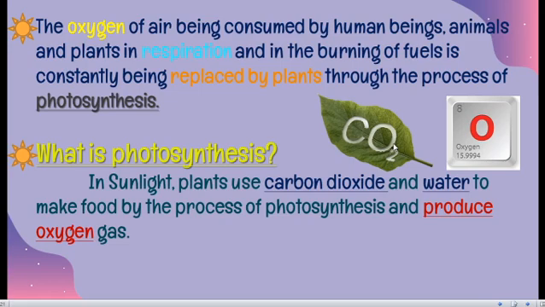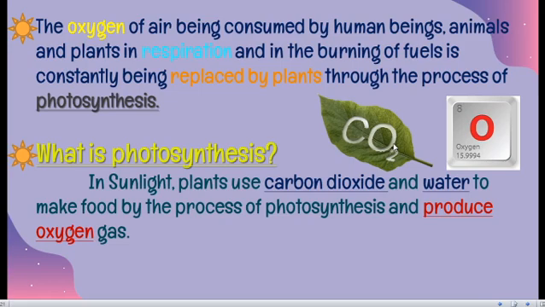Now what is photosynthesis? In sunlight, plants use carbon dioxide and water to make food by the process of photosynthesis and produce oxygen gas. Photo means a reaction based on light, so that's why it is called photosynthesis. Synthesis means process.